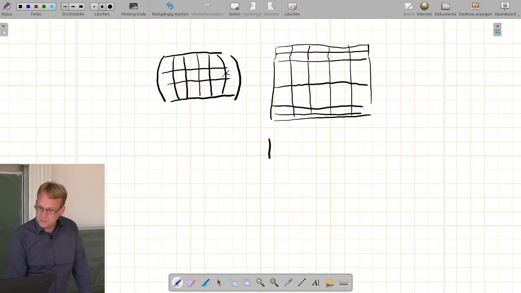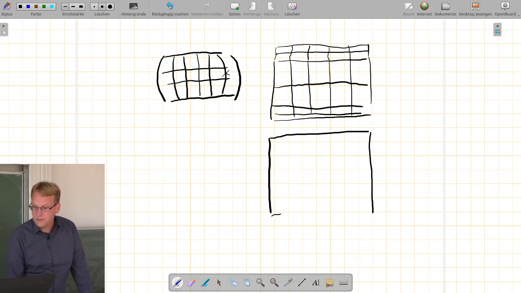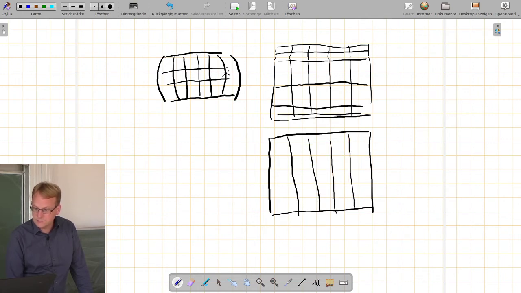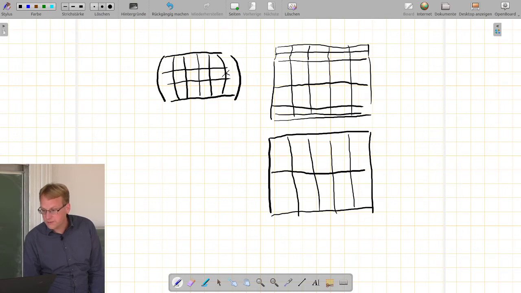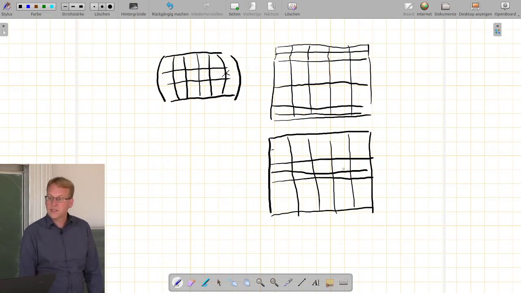Also this one here, let's take another example. This is our map. We have again meridians mapped as vertical lines. Well, that's as vertical as I can draw, I would say. And here we have the equator, and maybe here first we have small distances, and then they are getting larger towards the poles.